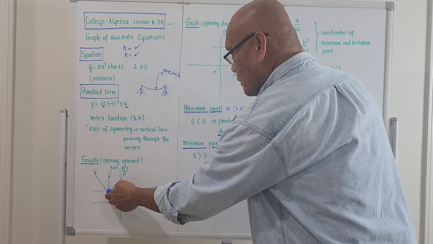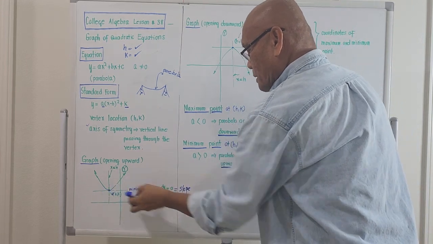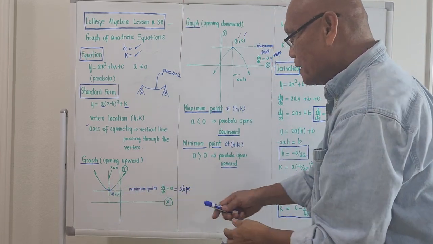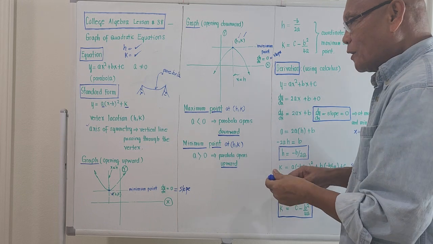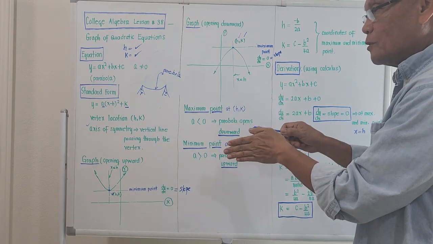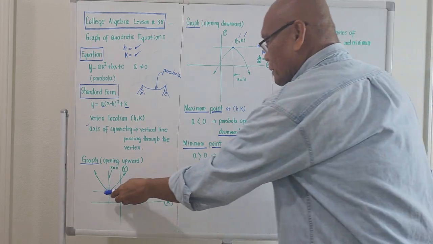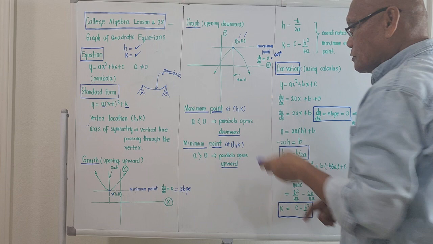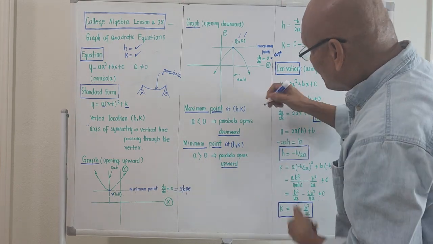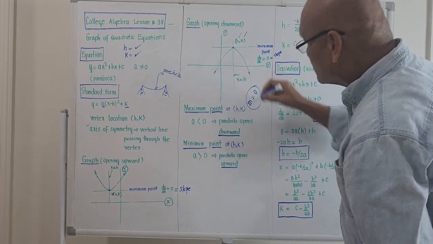for it to be a minimum or maximum, the slope should be 0, meaning it has no angle of inclination. For it to be a minimum and maximum point, the slope at the minimum point and maximum point should be 0. That is, m should be equal to 0.